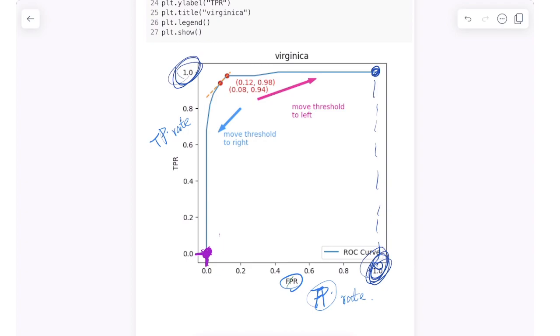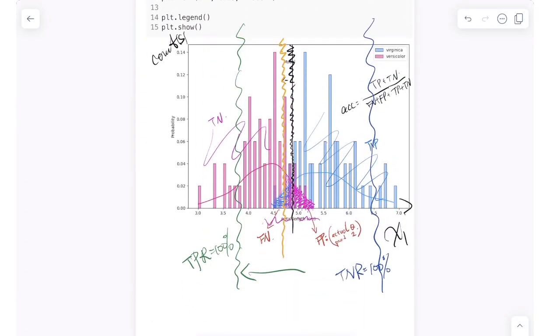So you have no blue point classified into the blue class, right? So your true positive rate is 0. And meanwhile, your false positive rate is 0 as well. And I think most models would not do such things.